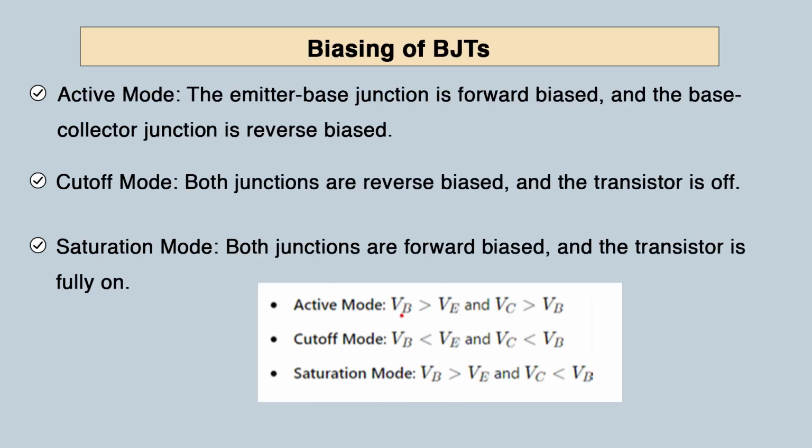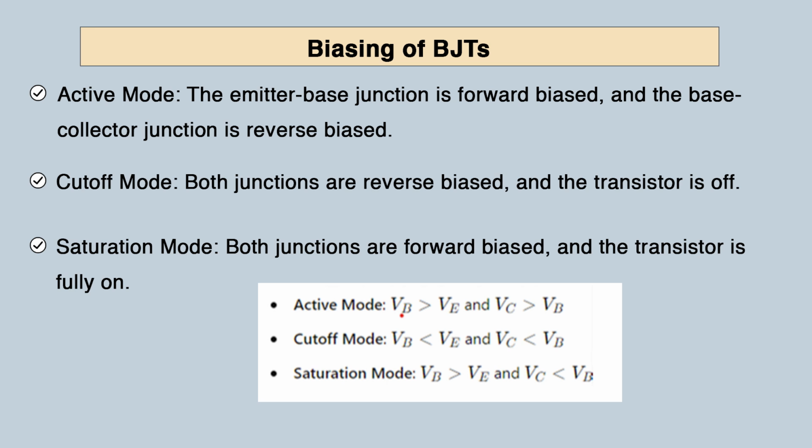Now let's look at the operating modes depending on the biasing. So the first is the active mode, then the cutoff condition, and the third operating area of a BJT is the saturation condition.